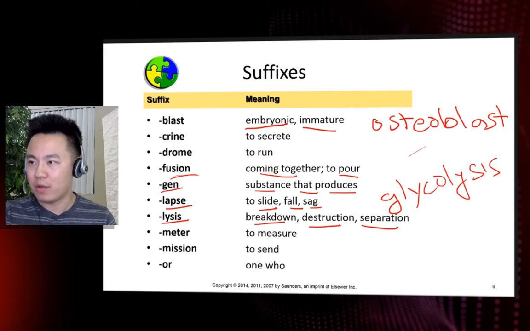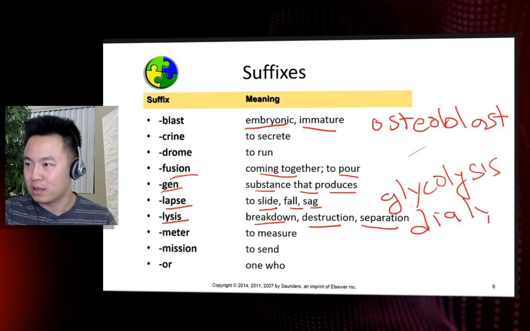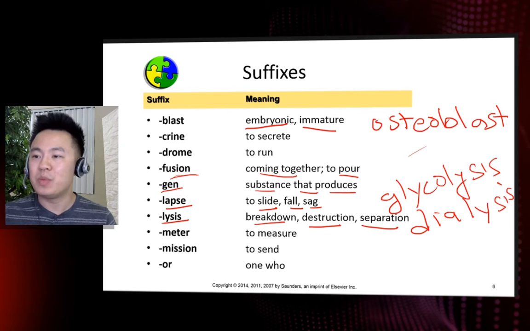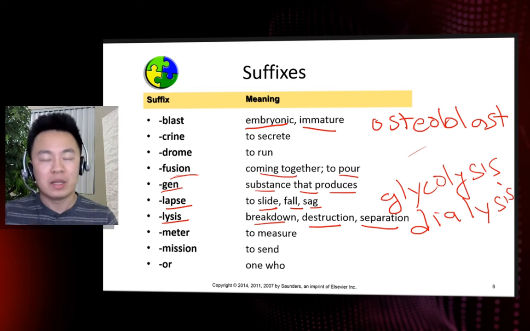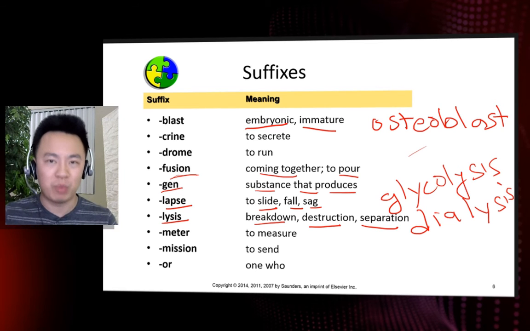It's breaking down. We also have here dialysis. Dialysis means the separation of nitrogenous waste away from a particular structure. In this case, dialysis is most commonly referred to as separation of nitrogenous waste from the bloodstream.